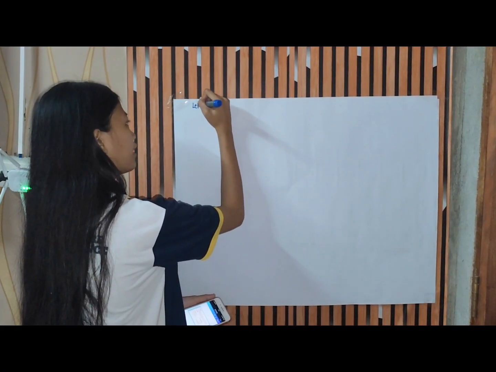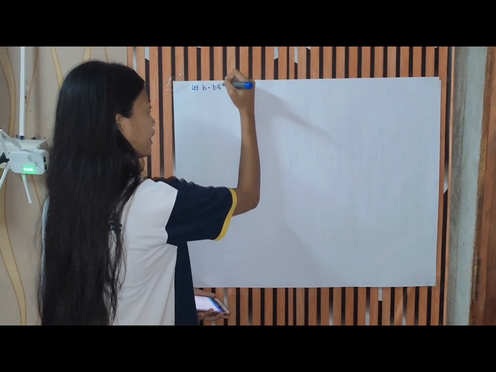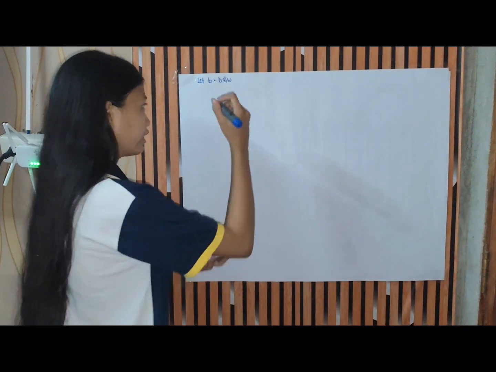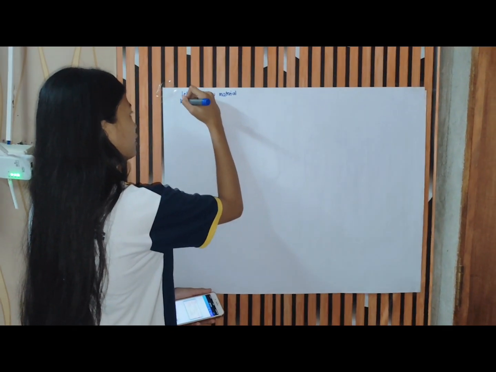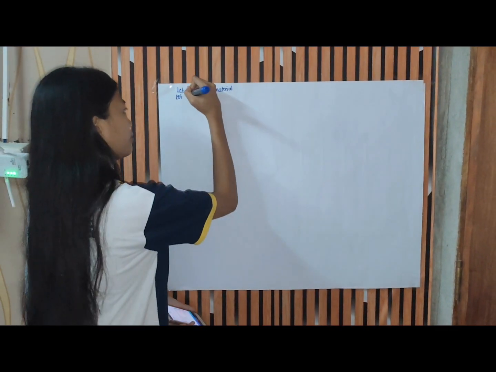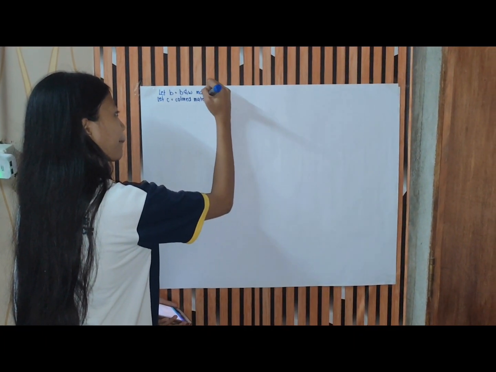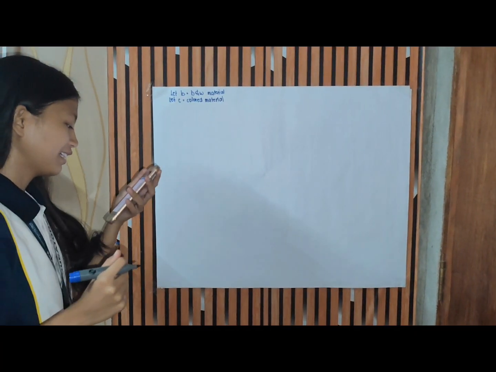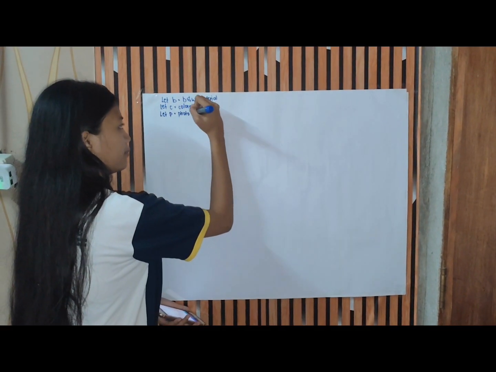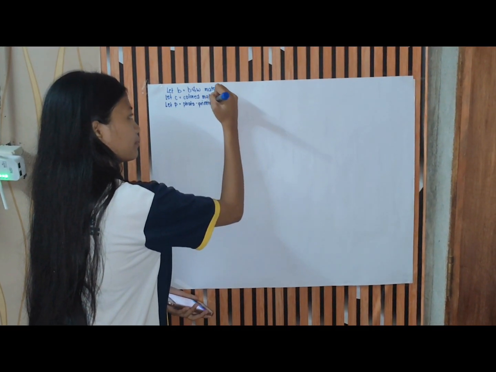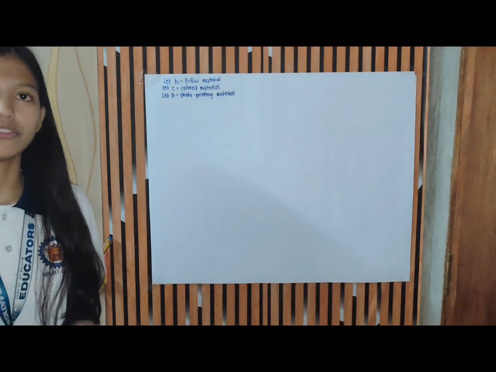Let B be the black and white printing material, and let C be the colored material, and let P be the photo printing material. So this is our given. Now let us identify our equations.